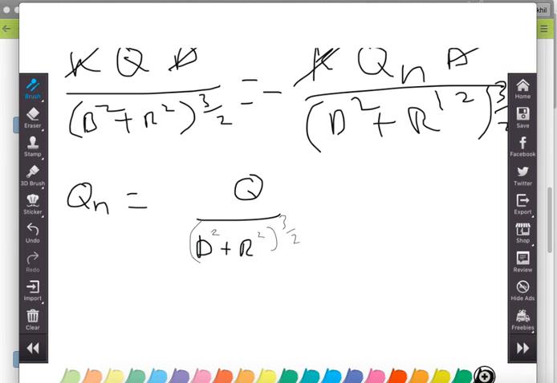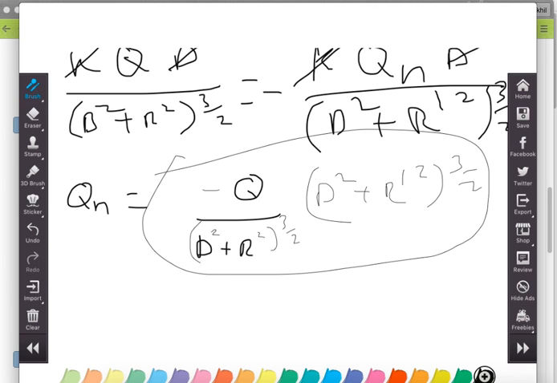We bring a minus sign over, and then we multiply by (d squared plus R prime squared) raised to the 3 over 2. So this is our answer.